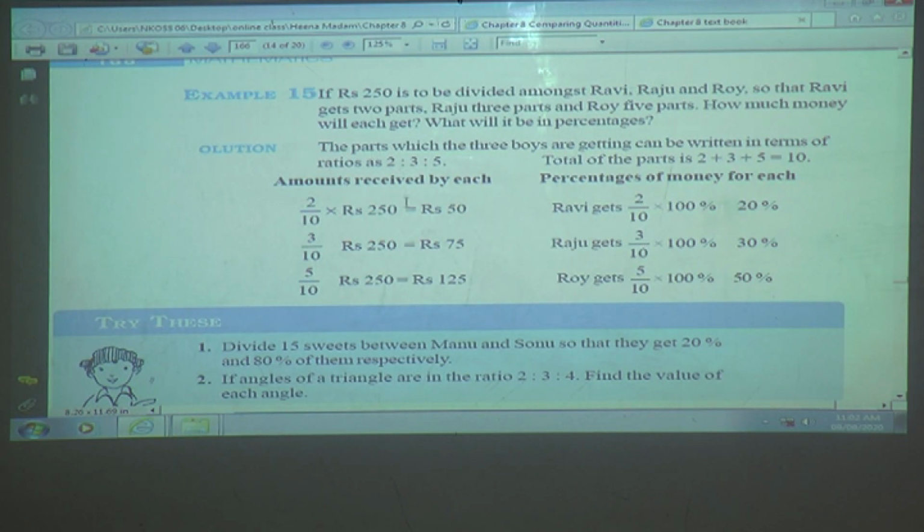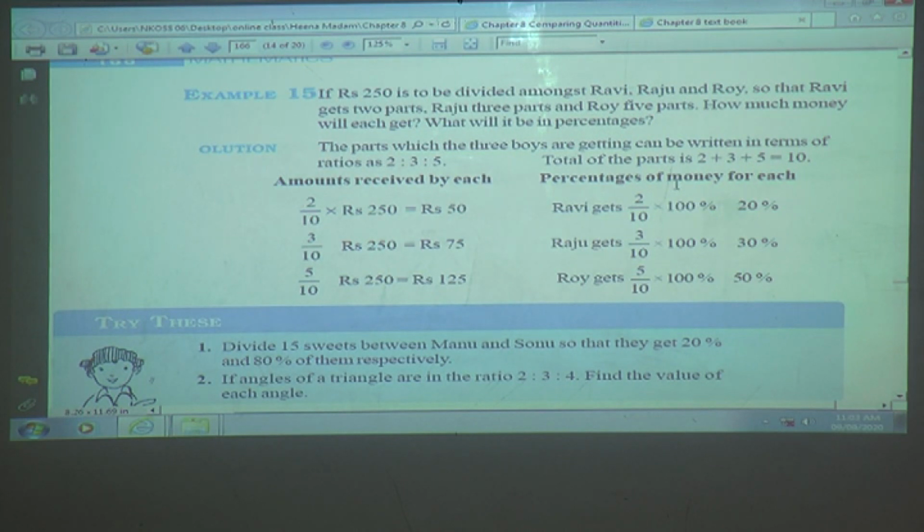First we had to find out the amount of money they are getting per person, that is Ravi, Raju and Roy, and then the percentage of money they are getting. We found it step by step. First we found the total parts, which was given in the form of a ratio, as the parts got by Ravi, Raju and Roy.